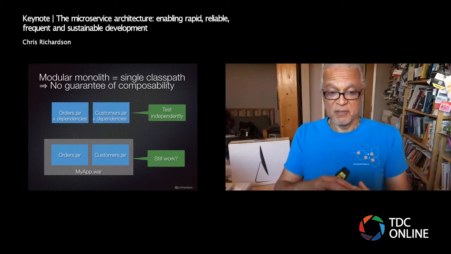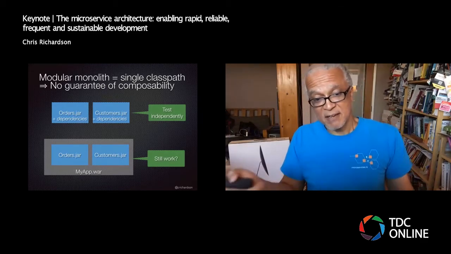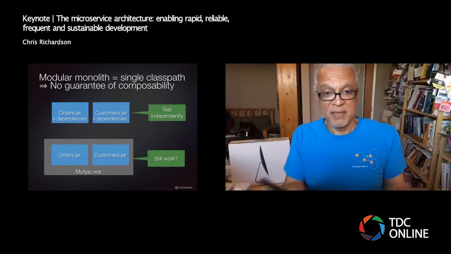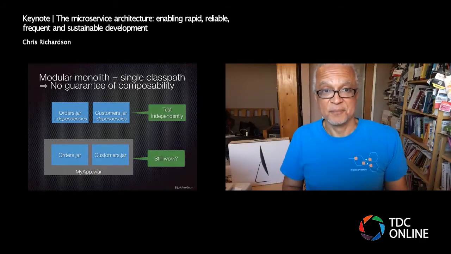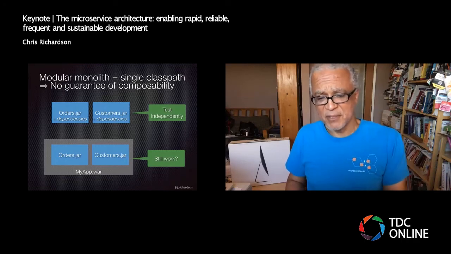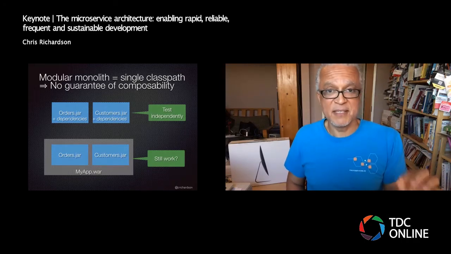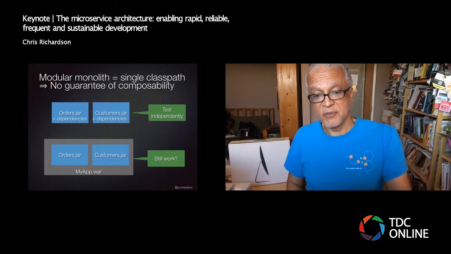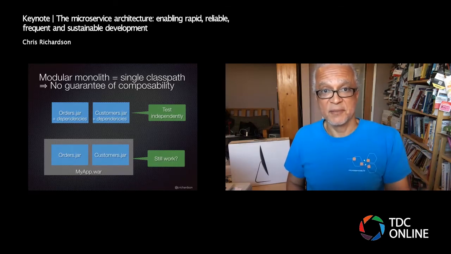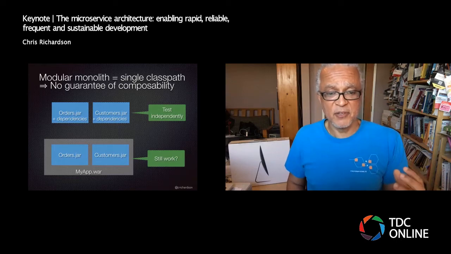But then when you put them together, there's not necessarily any guarantee that they work because they might have conflicting dependencies. So that's a challenge. So with these monolithic architectures, you tend to be stuck with the technology choices you made at the start of the project. And that can be a huge problem.